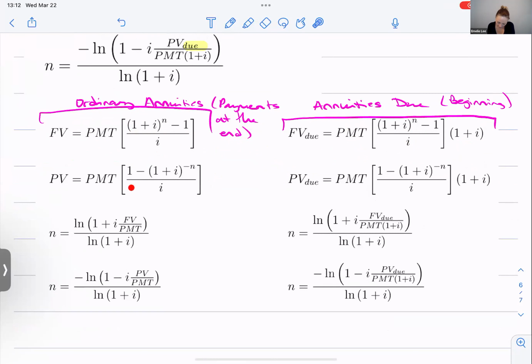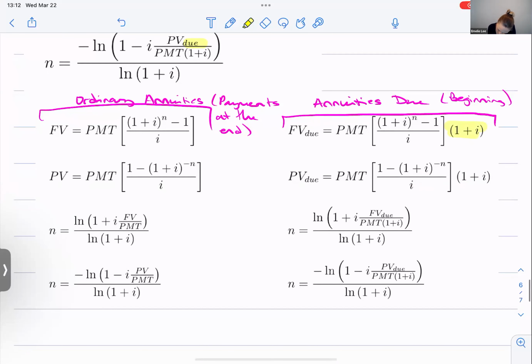So that's why it's important. And if we compare the next formula, PMT times 1 minus 1 plus i to the negative n over i, good, and then we've got this 1 plus i on the end. It's the only difference. It's kind of like spot the knot.